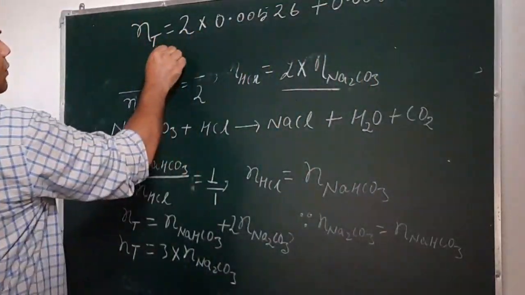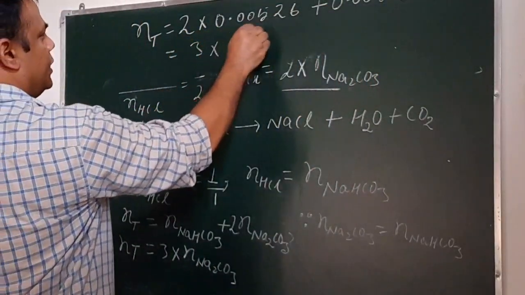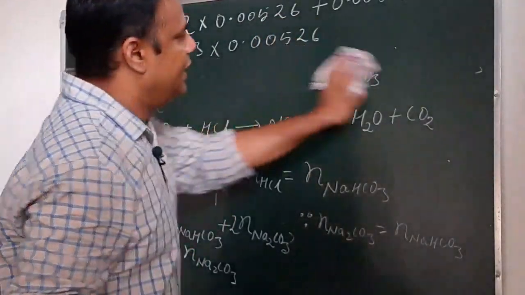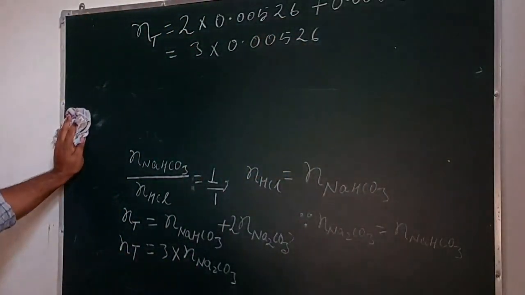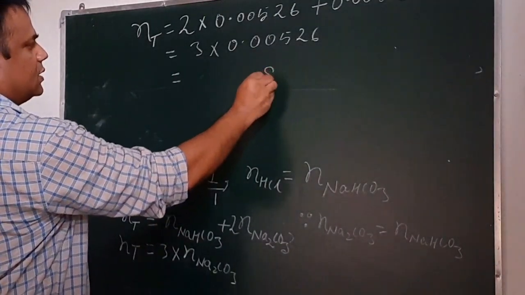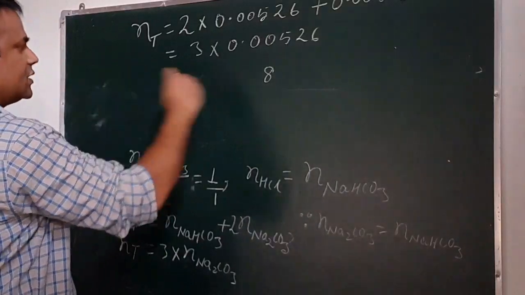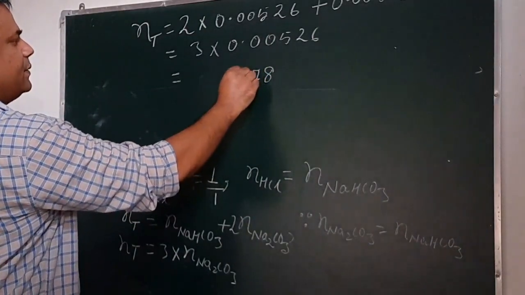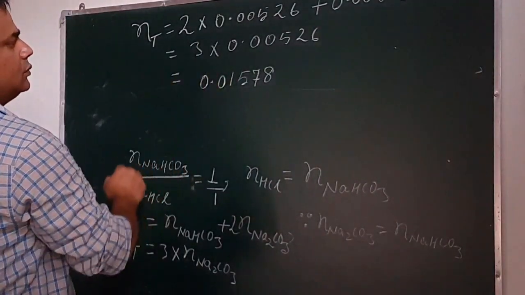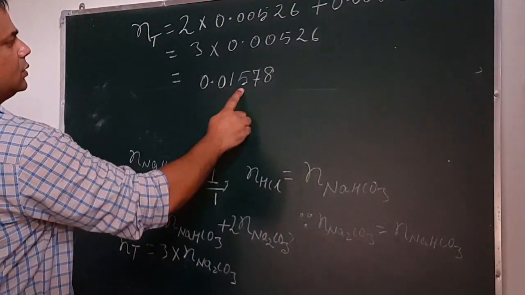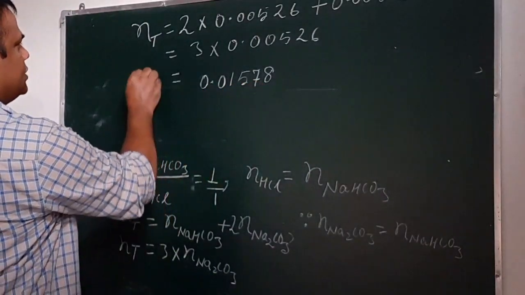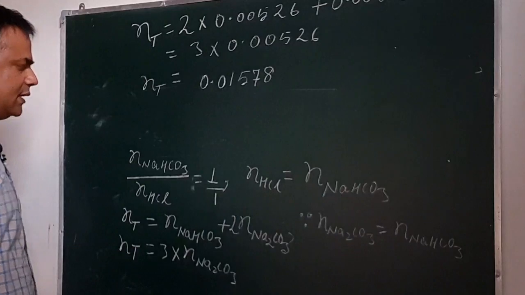This we can write equals 3 into 0.00526. On multiplying these values, 3 sixes are 18, 3 twos are 6 plus 1 is 7, 3 fives are 15, so it is 0.01578. This is the total number of moles of HCl.